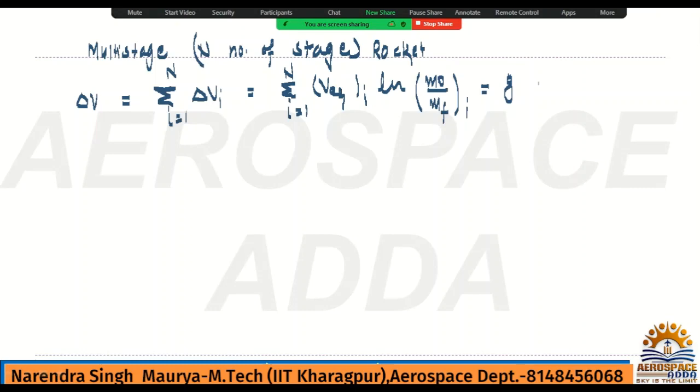G will be constant for all, but ISP will not be constant, because for each stage ISP may change, because suppose some stage have a solid, some stage have a liquid, then obviously ISP will be changed. So ISP you have to calculate for that particular stage, ISP I, ln 1 upon mr I. It's your choice. If you want to write m naught by mf, you can write. So here in all formats I have written, so there should not be any kind of confusion.